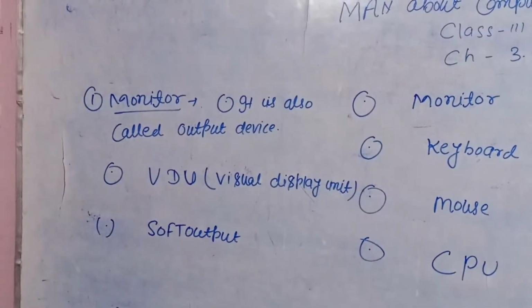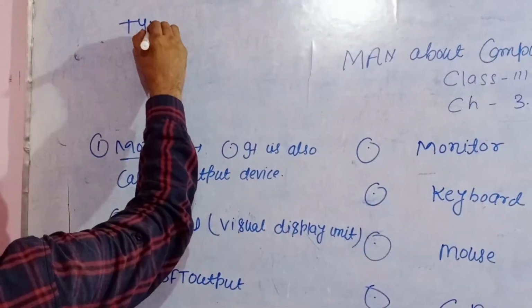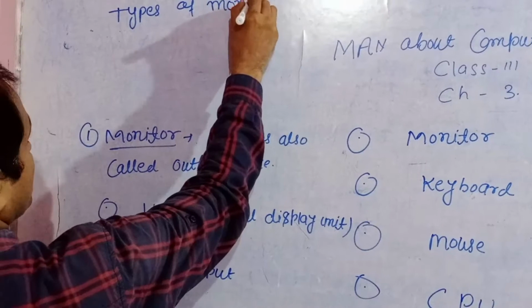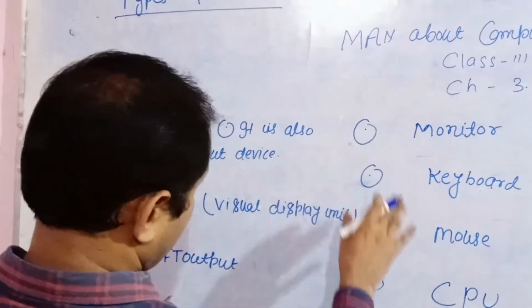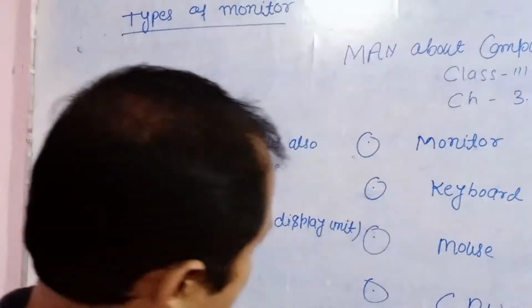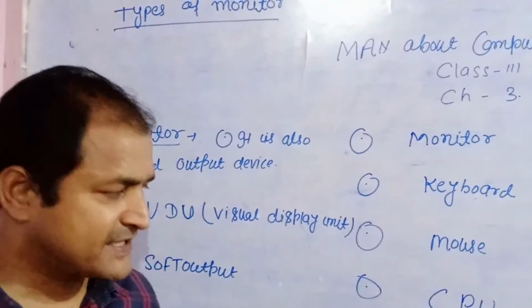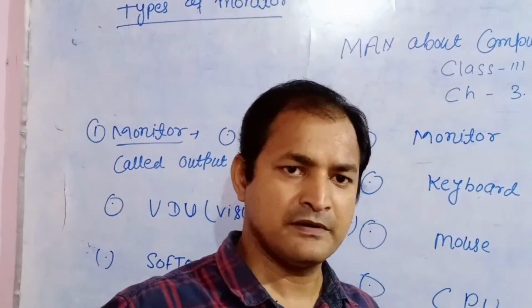Types of monitor. The monitor, keyboard, mouse, CPU, all of these topics are interconnected from class 3 to class 10th, 11th, 12th.